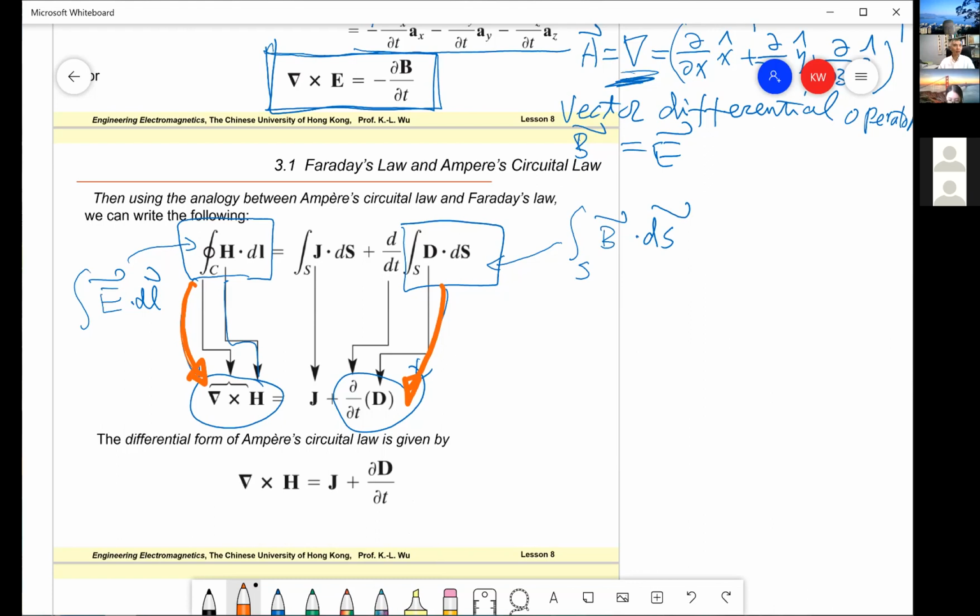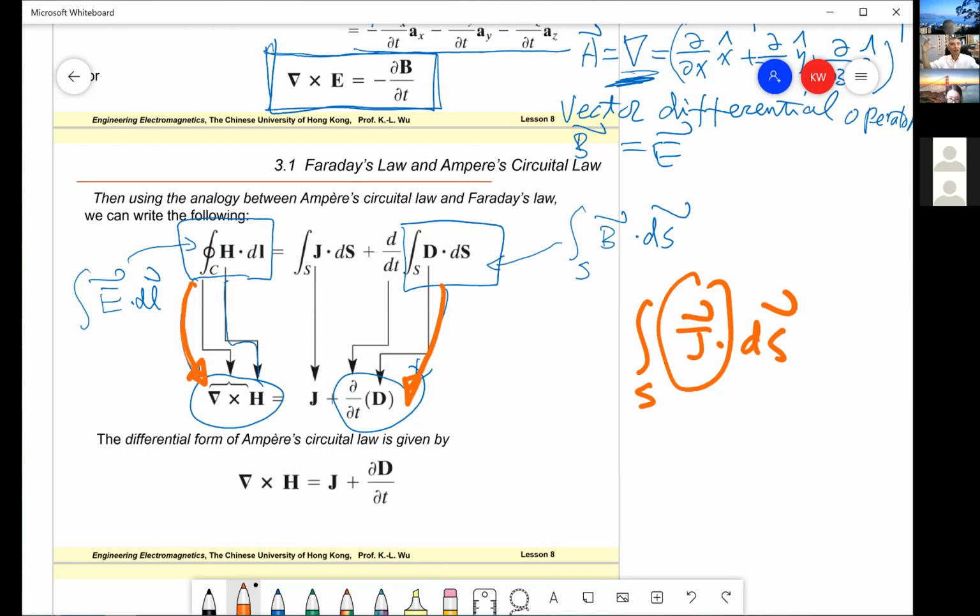Not surprised, right? We don't repeat this. The only thing we haven't mentioned is the surface integration of this. So when we do a surface integration, then we take the essence.